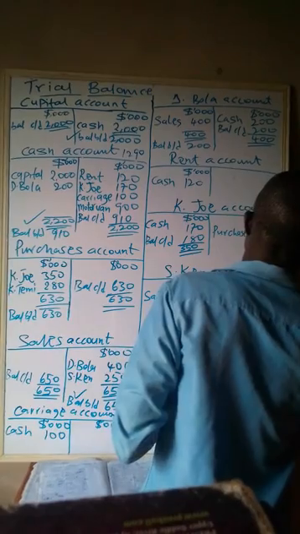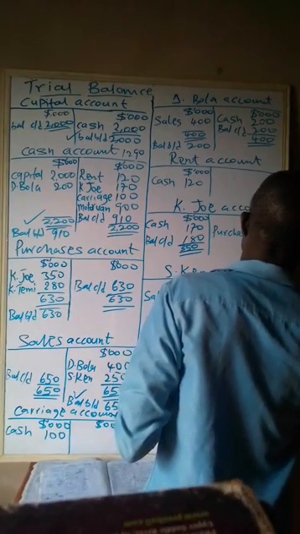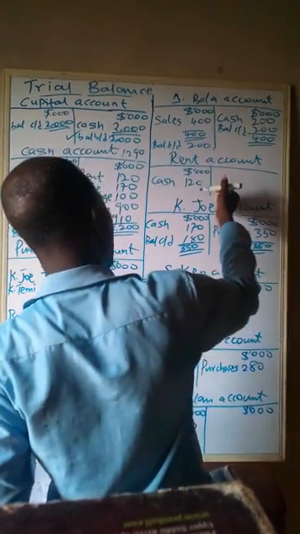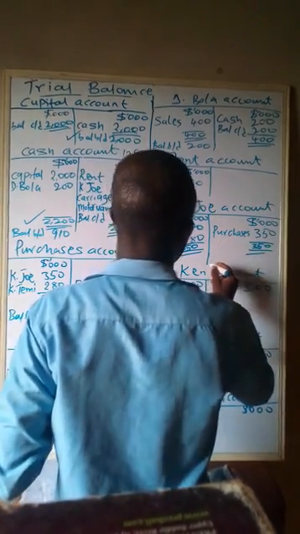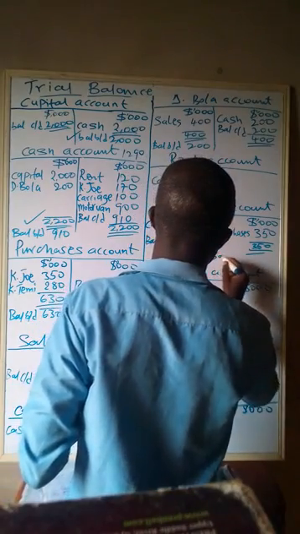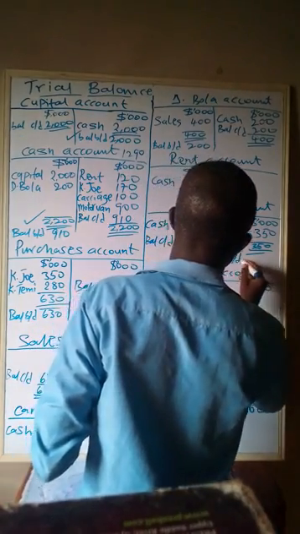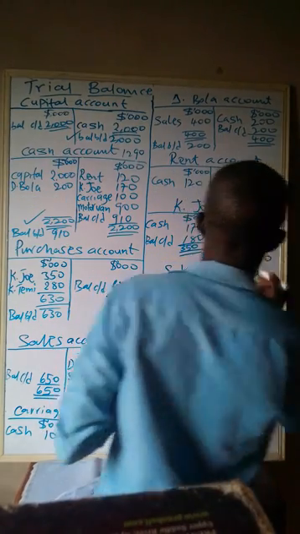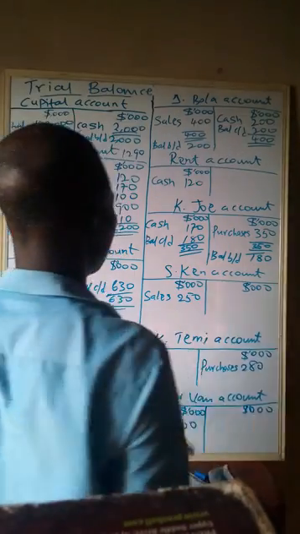Here also $350,000, and my balance, because it's a liability account, the balance BD come to the credit. Balance BD, and that is a $180,000.